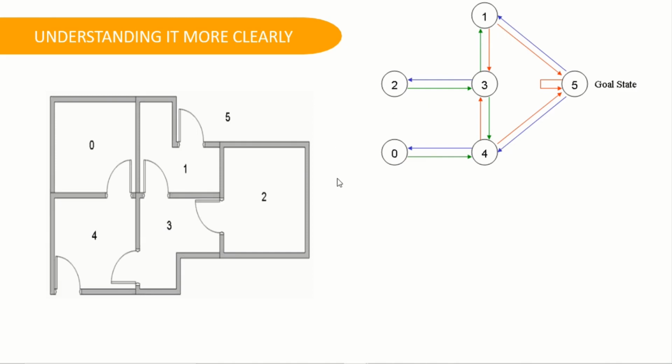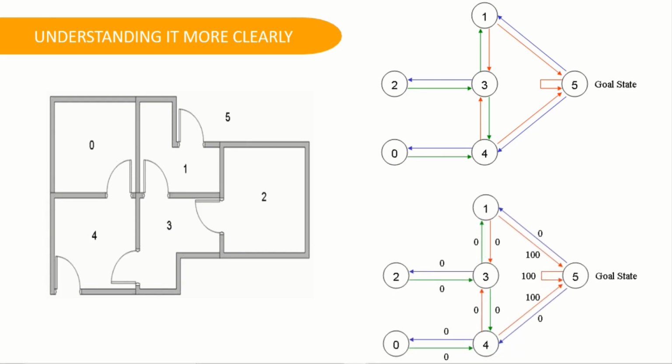So, our task is to make the robot come out of the room, and the main goal is to reach the exterior of the house. So, for that, let's give the reward points. Initially, the steps which will have the reward are at state 5, where if you are already at state 5, there is no need to move, it has been rewarded.